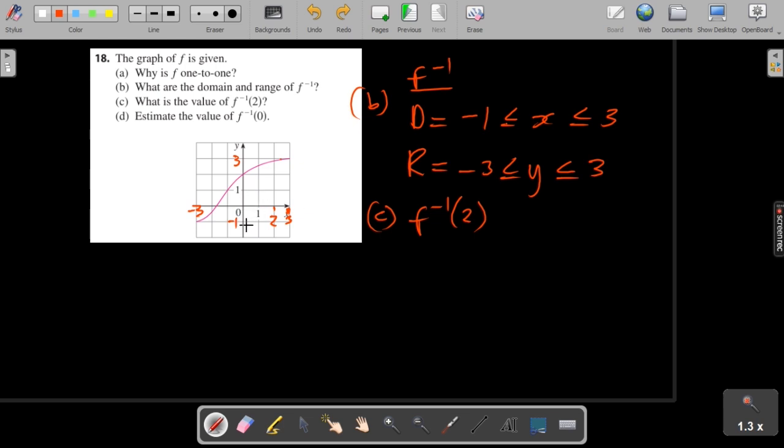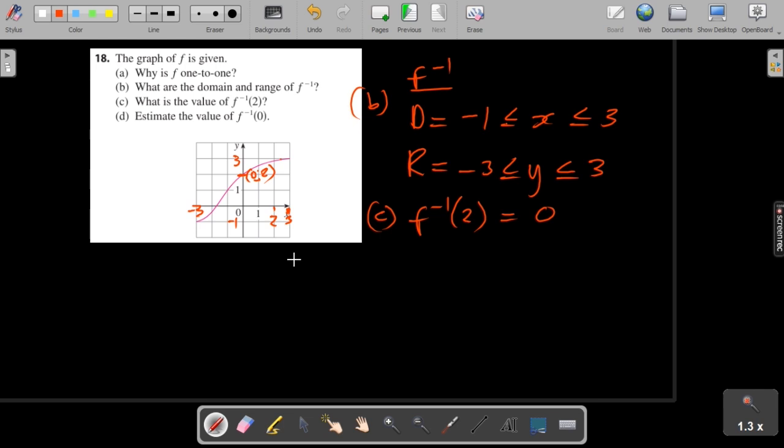So if you go to the y value, a y value of 2, that's there, and we have an x value of 0. So that would be our answer. So instead of giving the y value, we now give the x value. In the original, it would be 0, 2. In the inverse, we read it as 2, 0. So the coordinates are swapped around.